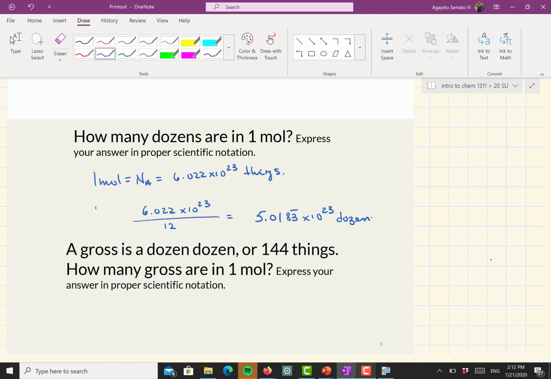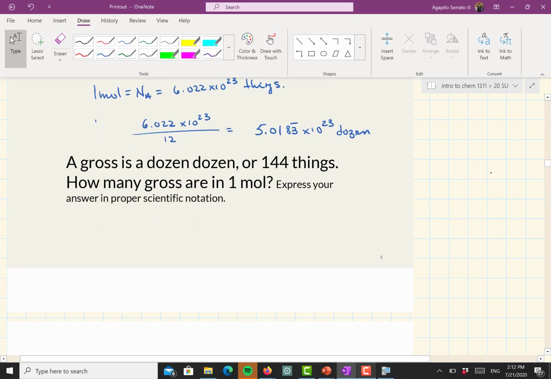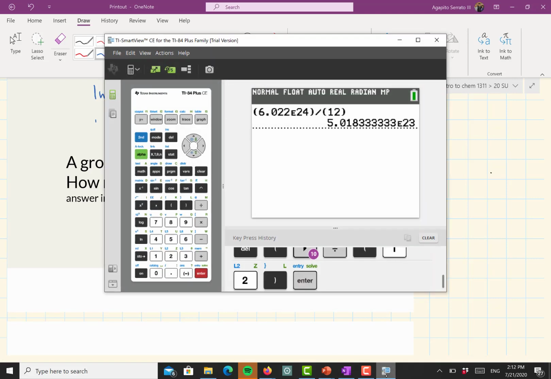Okay. What about if we divide by gross? How many gross are there? So that means we're no longer dividing by 12, we're dividing by 144. So 6.022. And when we come back to our calculator, can we go back up?